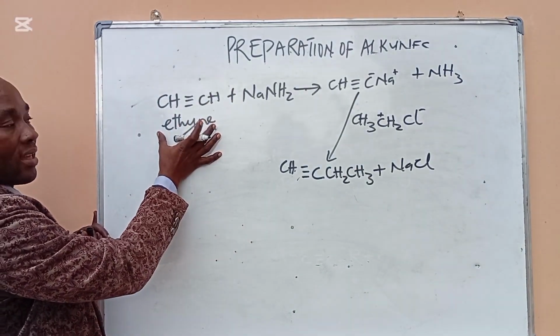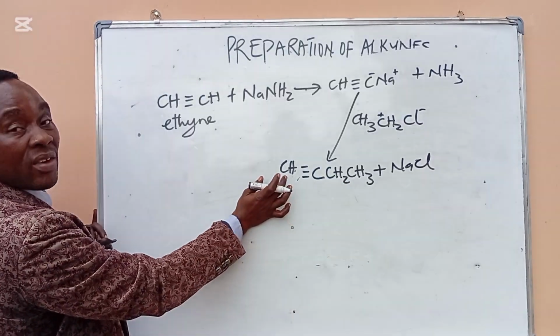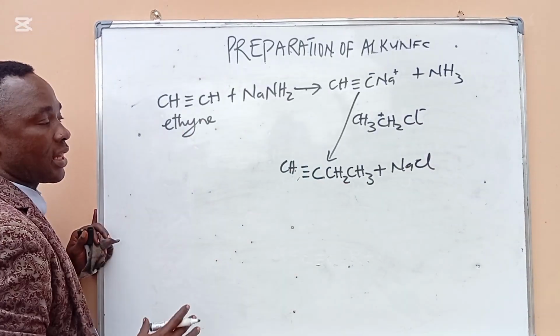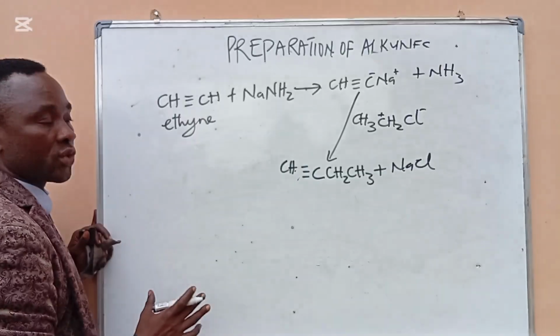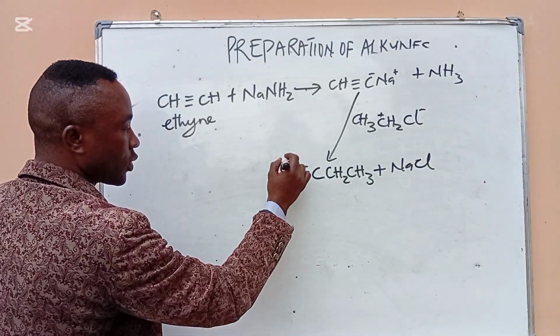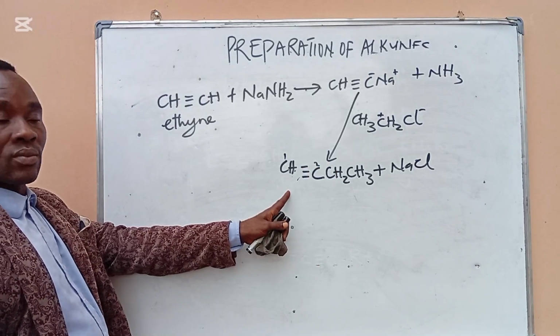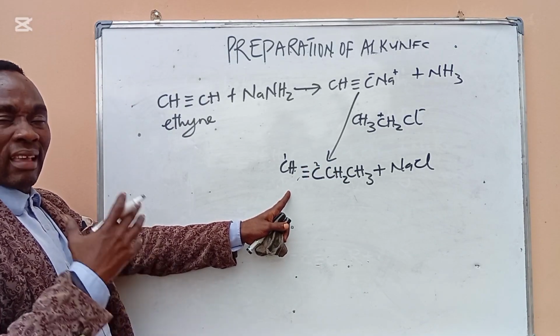Because we began with ethyne and lengthened the carbon chain, numbering from the end nearest the triple bond, the product is still a terminal alkyne.